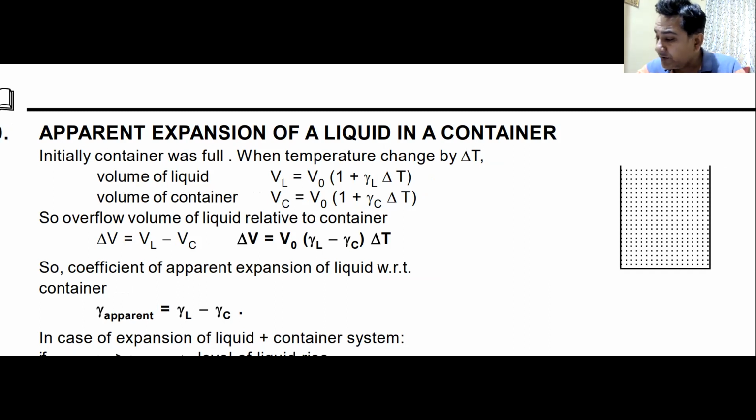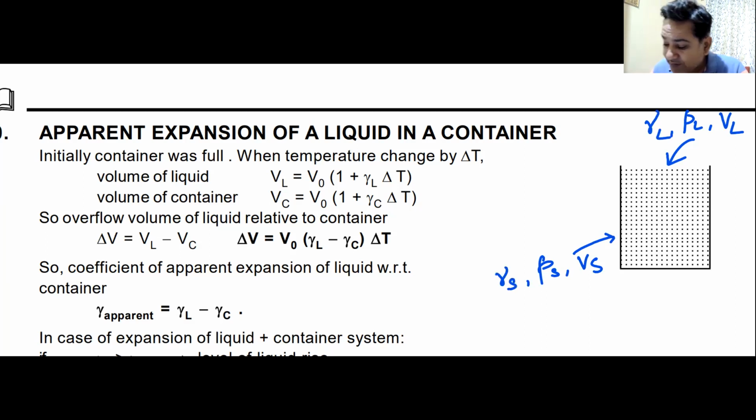So I have a liquid here. Its density is rho L, volume is VL or V naught. Then I have a container. Density is rho S of the container. Volume is Vs. The expansion coefficients are gamma L and gamma S. Do we understand this?